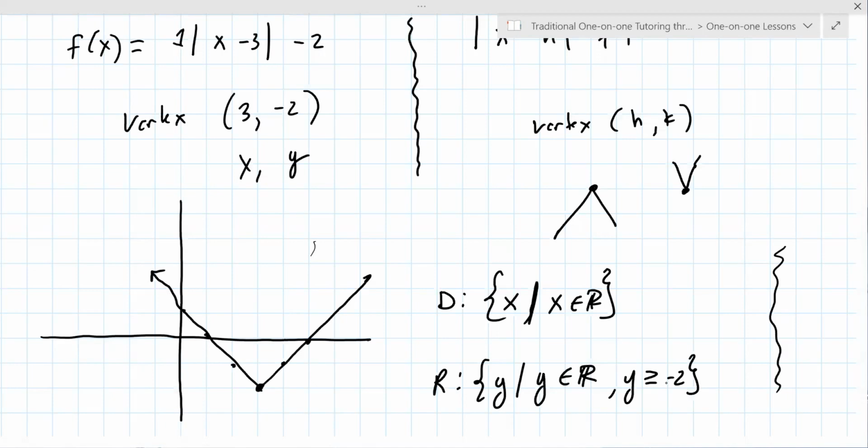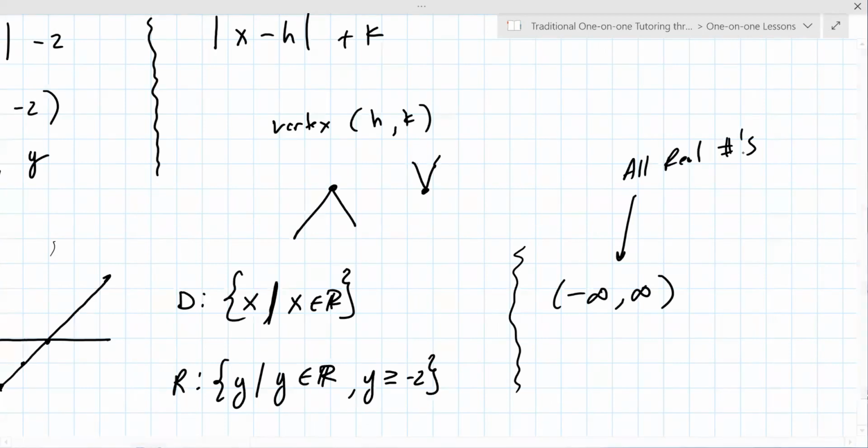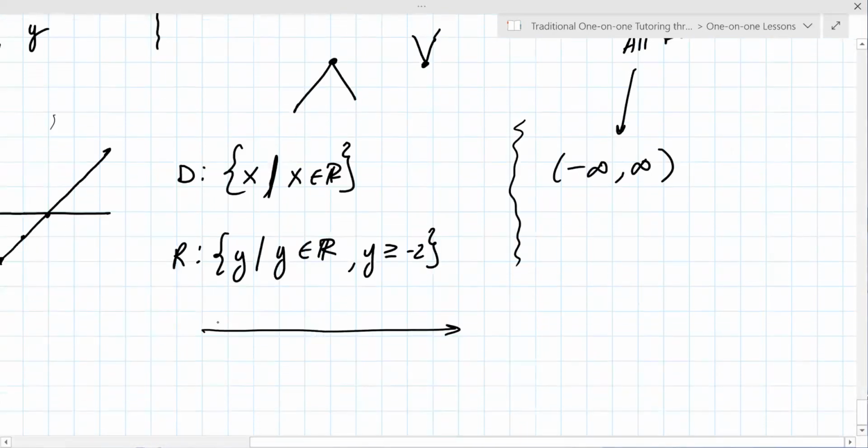Interval notation we're going to do off to the right here. Set builder notation is not too bad. You actually already know how to do this. All real numbers is -infinity to infinity. For this other one, you make a number line.